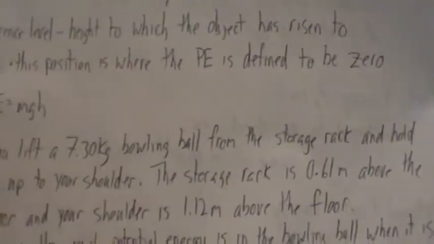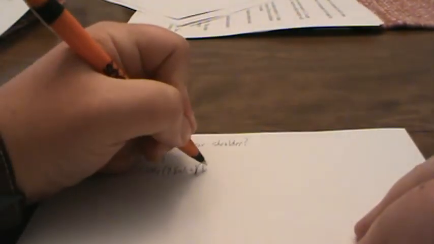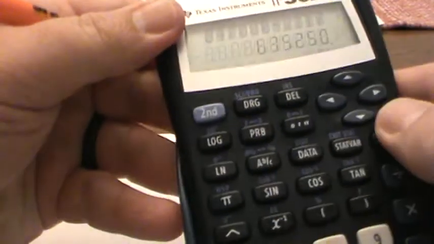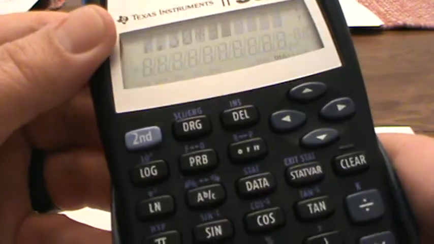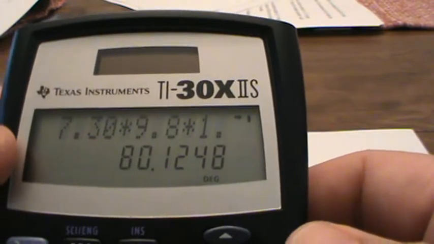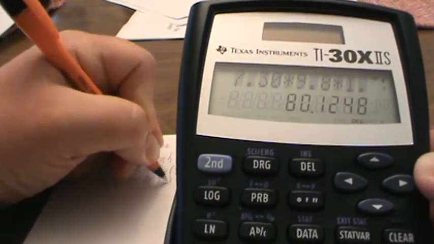Look back at the question: your shoulder height is 1.12 meters. So 7.30 times 9.8 times 1.12. We have potential energy of 80.12 joules.